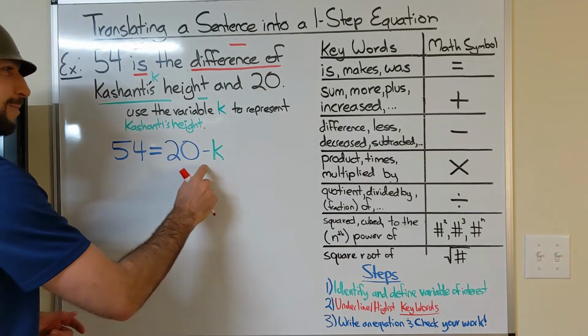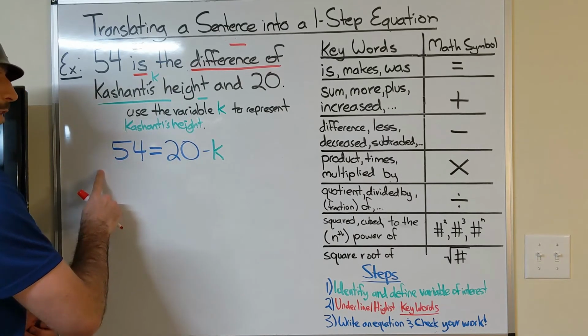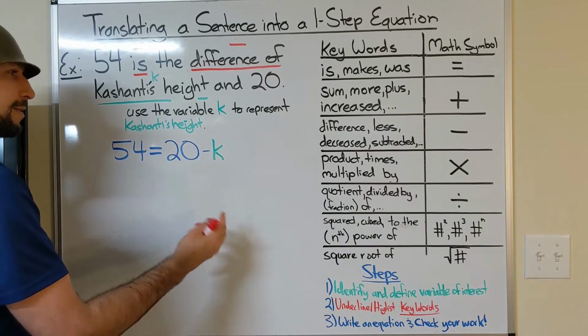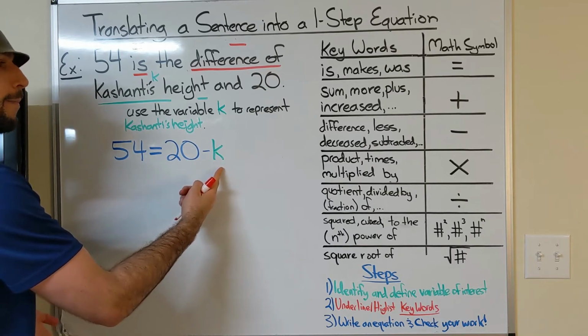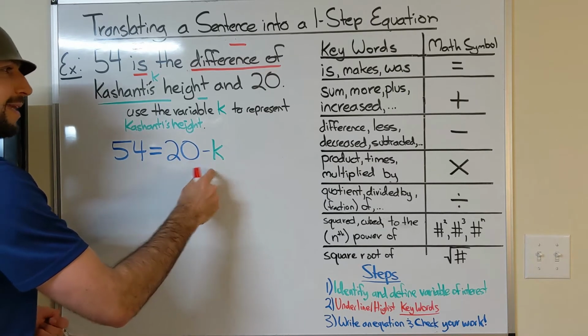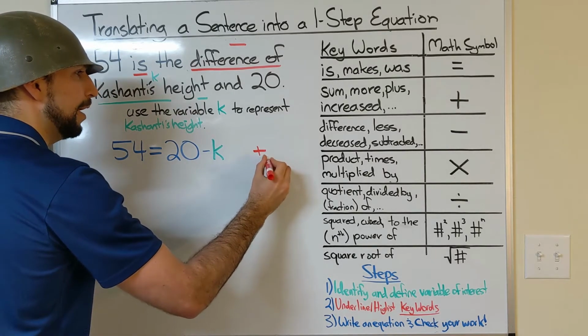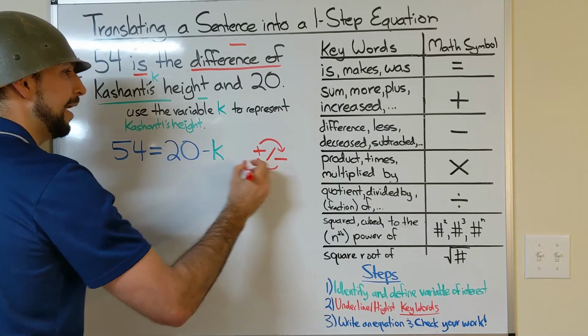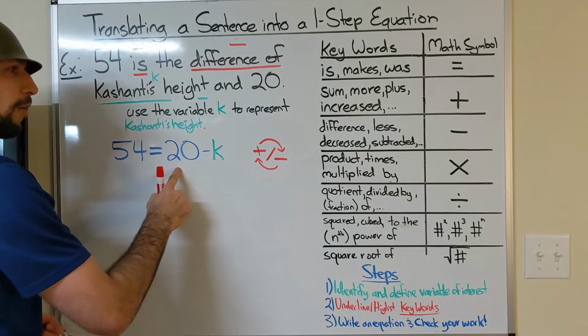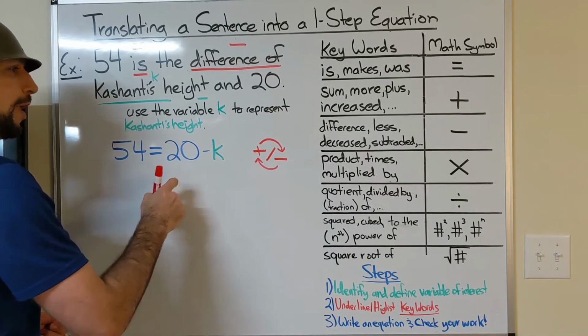Now, this is subtraction. So I could either move my k over here and then combine all my constants, or I could move my 20 over here and then make this k positive. It may seem like the opposite operation of subtraction is addition, and that I should then add 20 to both sides, but this is actually already positive. So I'm going to be subtracting 20.